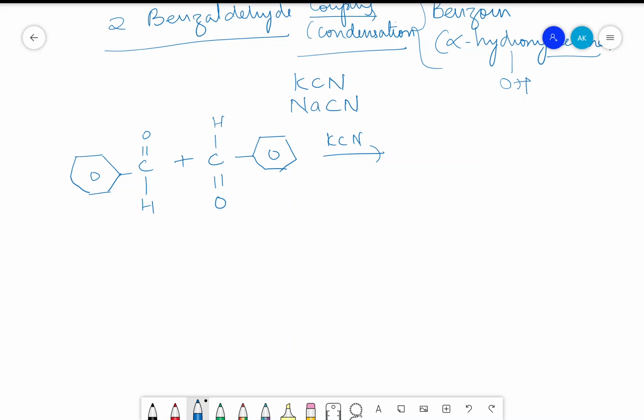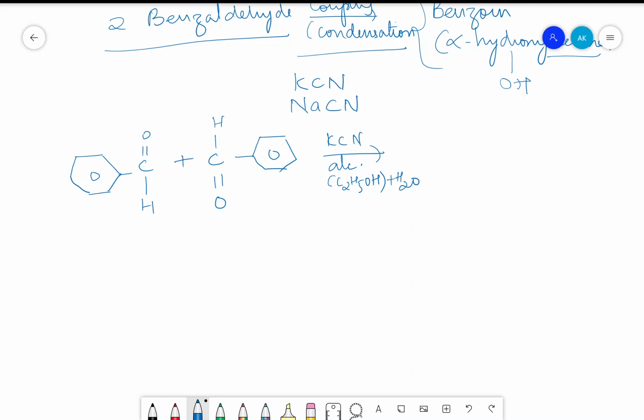It is also in the presence of alcoholic KCN. Instead of alcohol, I can also write C2H5OH. And if it is dilute, you also write H2O when you are trying to represent the reaction.